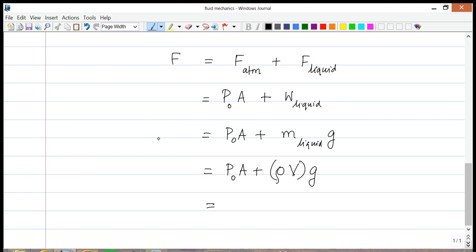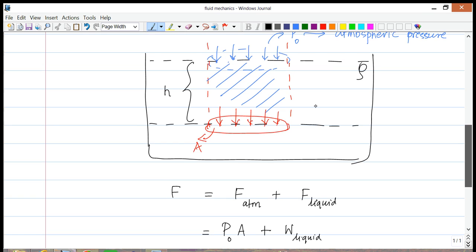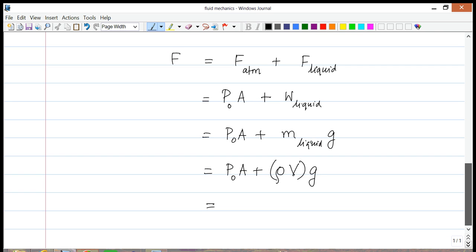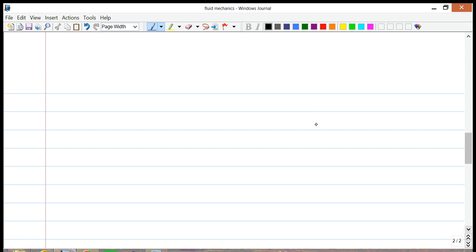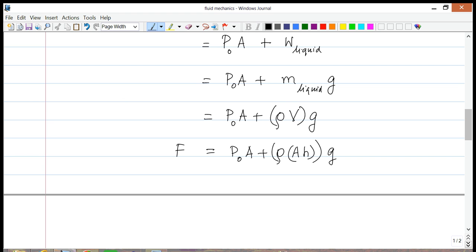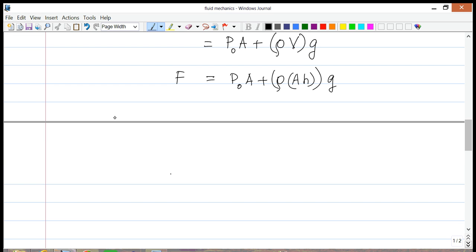Now we can ask, what is the volume? If you look at this right structure, the area of the base is A and the height is H, and we know that the volume is nothing but the area of the base multiplied by the height. So now we have the volume, multiplied by g. Great. From this force we can factor out the area. So force is equal to area times (P0 plus rho g H).